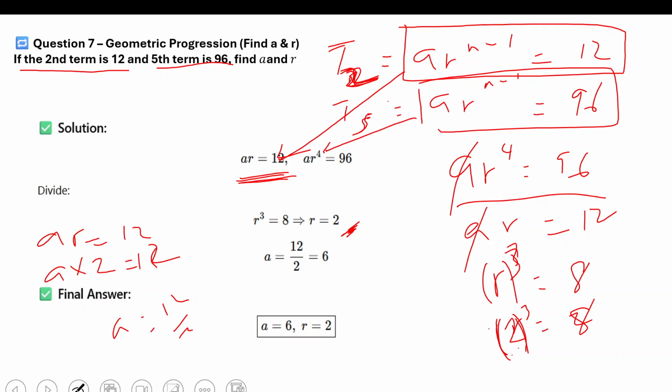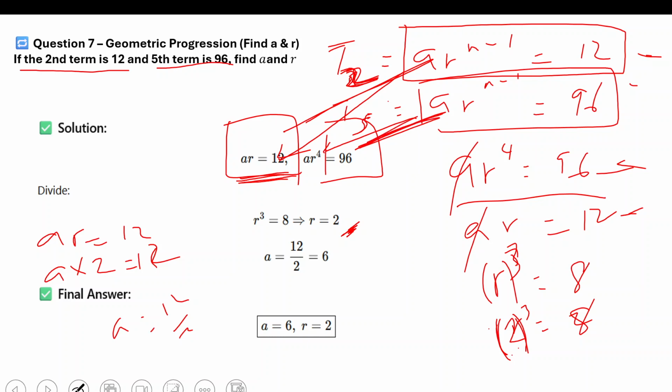That's what happened here. We divide so I can get one of the variables. We're asked to look for a and r, right? So by the time you divide the two of them, we are getting r. When you get r, we can come back and put r in either this or this equation. Recall that these two are simplified from the original expression, right? Okay, so this is clear.